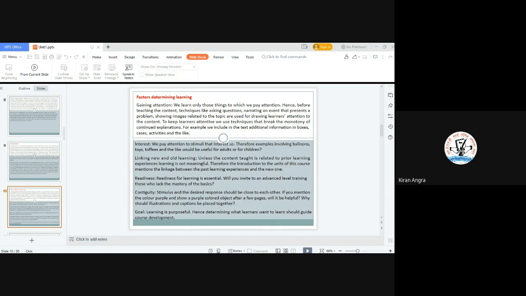So these sorts of feedback help to design the instructional material at the formative or summative stage. So this helps to reinforce the learning among the learners.